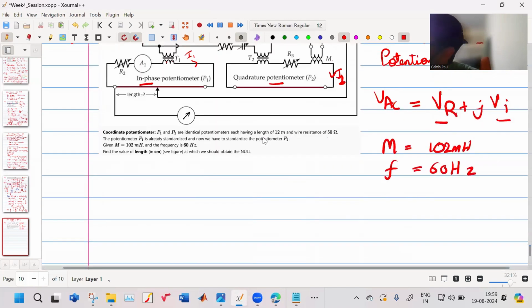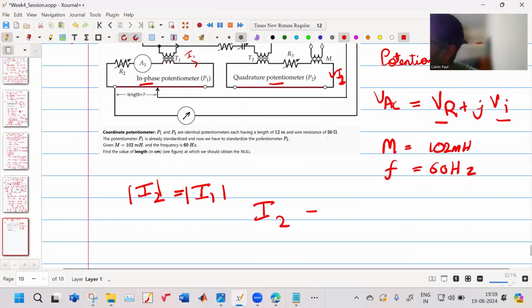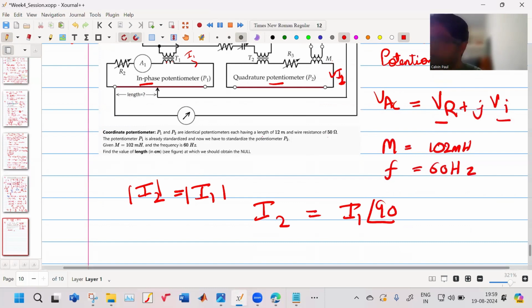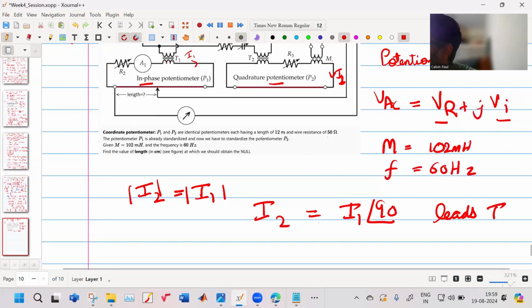We want I2 to be equal to I1 in terms of magnitude, but we want I2 to be equal to I1 angle 90. That is, I2 will lead I1 by 90 degrees.